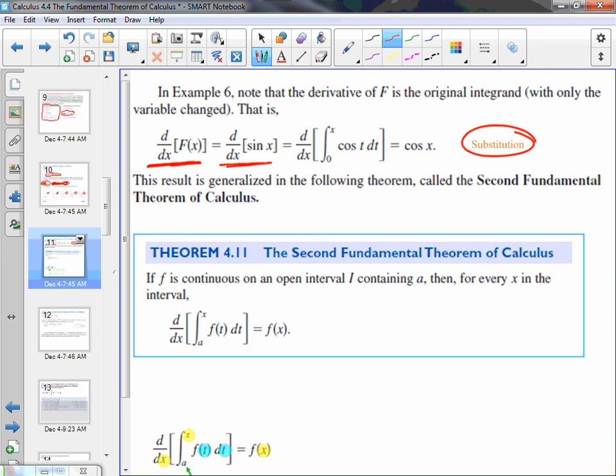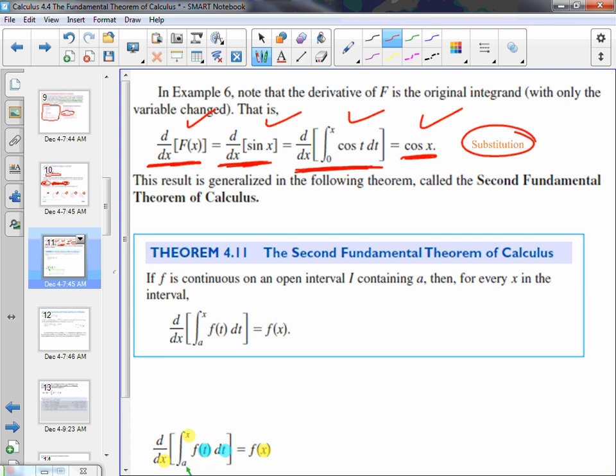So substitution again. So replace the sine of x with that definite integral, the integral from 0 to x of the cosine of t dt. And since we know that the derivative of the sine of x is the cosine of x, that means this, and this are all equal to each other. With me?